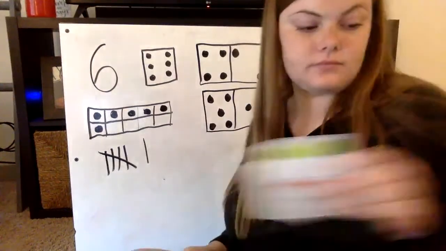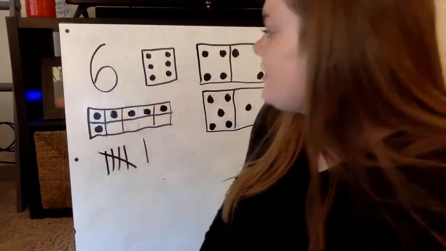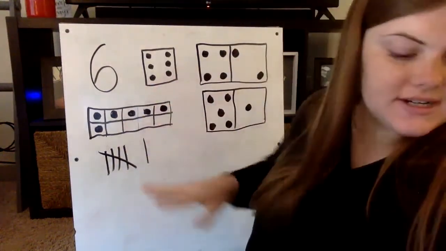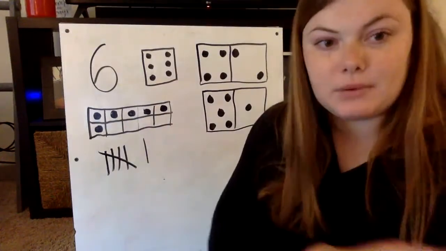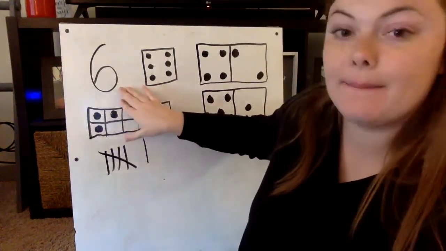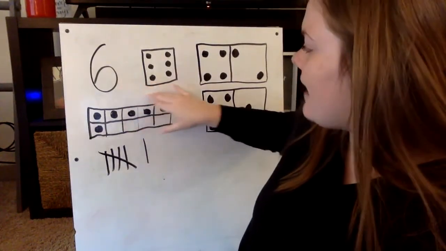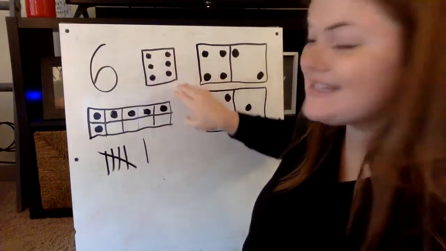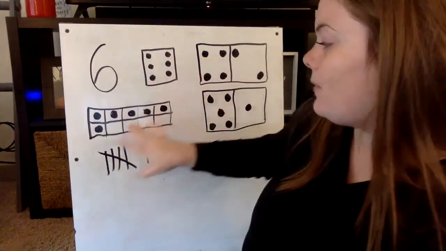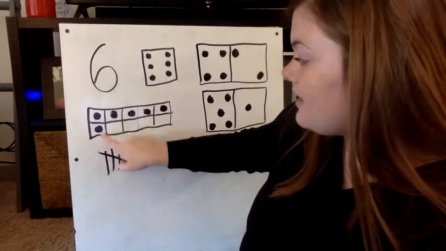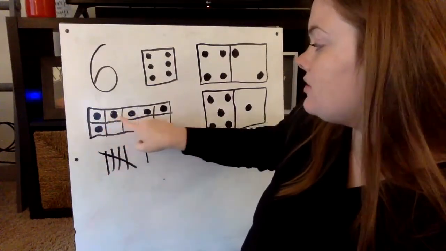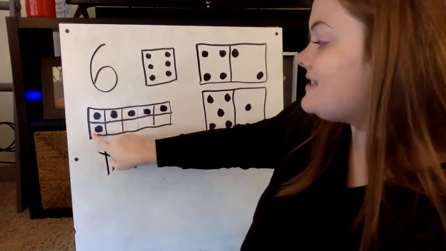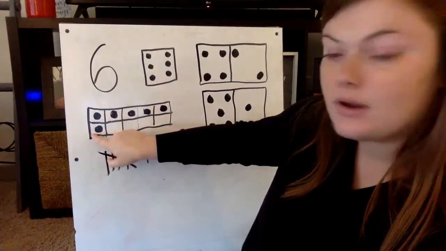So that's how we did it, right? We did it just like we did on our cards when we practiced. We have our number 6. We have our dice with 1, 2, 3, 4, 5, 6 dots in it. We have our 10 frame that's filled up with 1, 2, 3, 4, 5, 6 frames filled up, right?